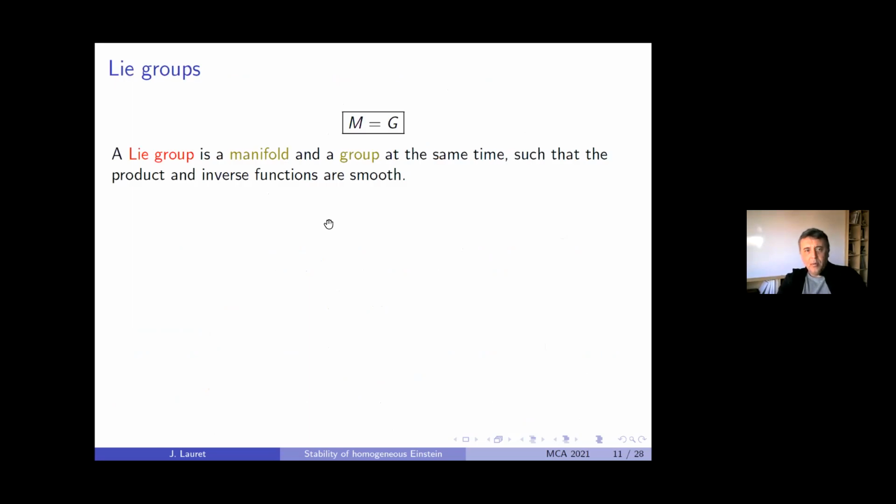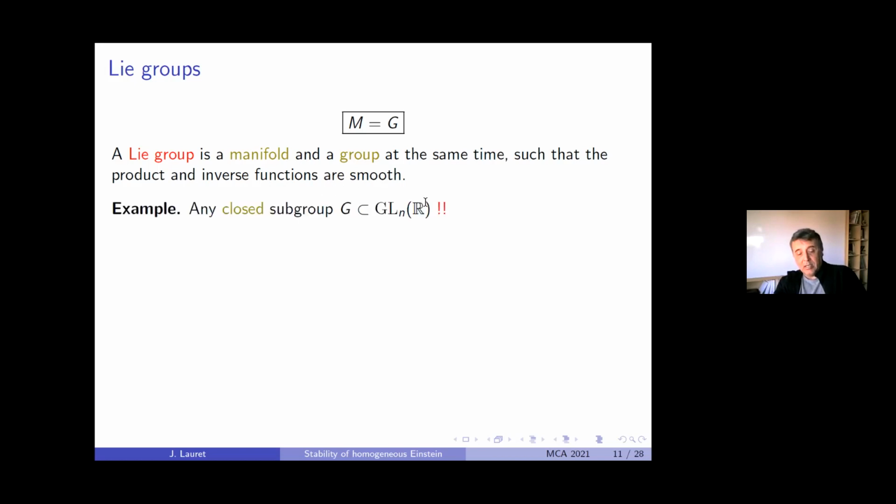A Lie group is at the same time a manifold and a group. So you may ask what would be the connection between smoothness and groups, but it is of course with these compatibilities, right? That the product and inverse functions are smooth. So that's a Lie group.